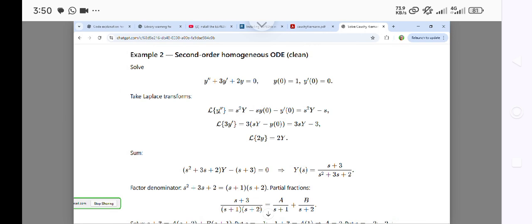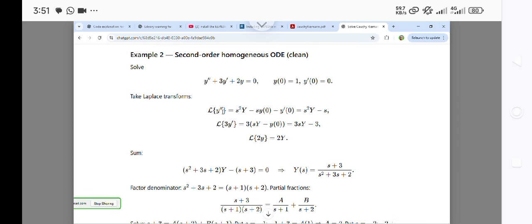Next, because we have a double prime here, it will start from s squared, because there are two primes. The next one will have s to the power 1. The next one will have s to the power 0. See the pattern, right? And it will be minus and not plus. Because of the double prime, the derivatives end at the first prime.